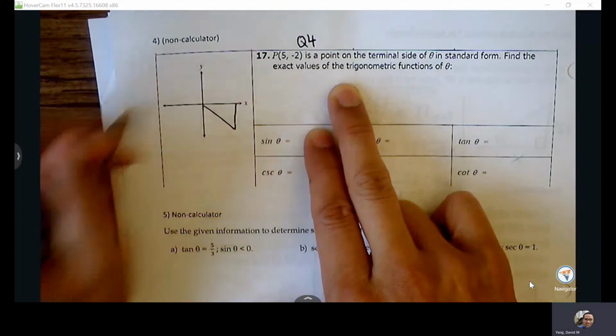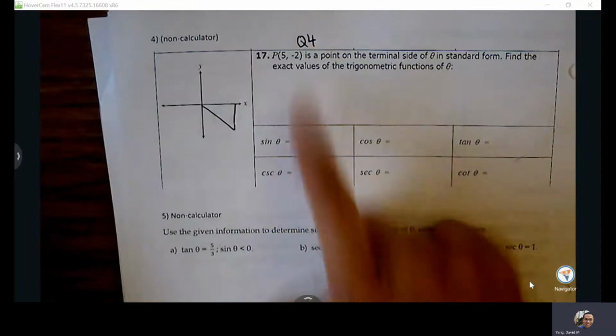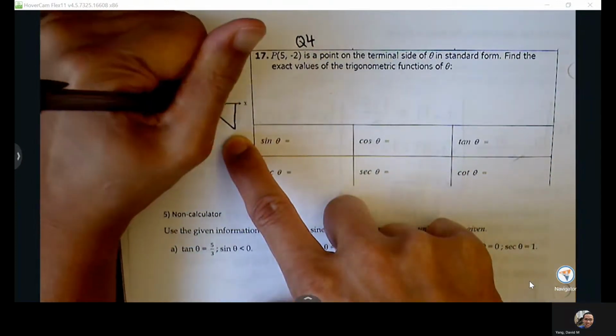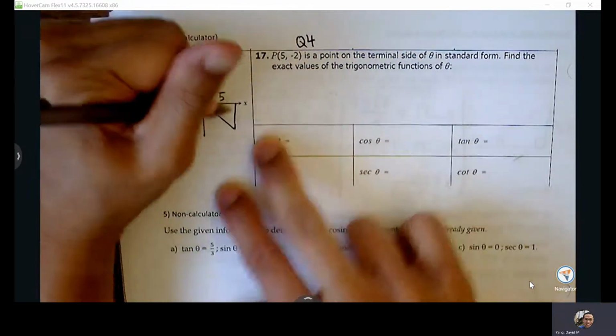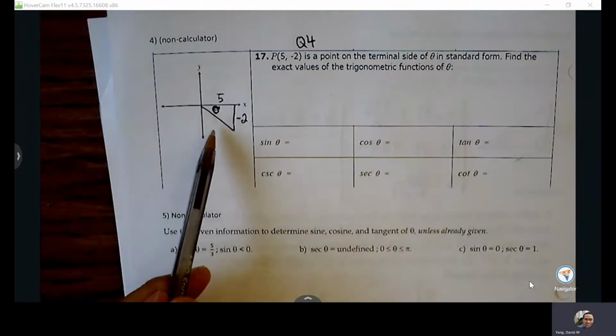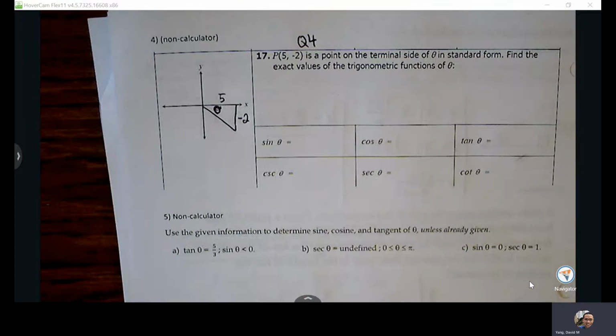Whenever you create a triangle, always have the x-axis as part of your side. Over 5, down -2. I'm going to find the hypotenuse using the Pythagorean theorem, and then I can do all the trig ratios.